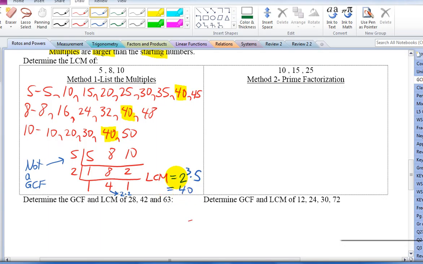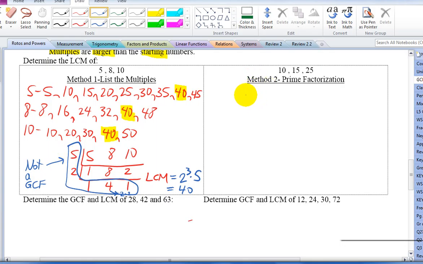Yeah, we found that up top, right? Okay. So that's kind of a weird example, isn't it? A little bit different. What shape does the LCM make? The letter L. Okay, don't forget to include the numbers below. This isn't always going to be your GCF now, so be aware of that.